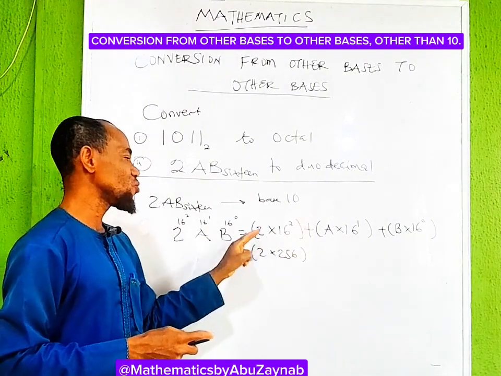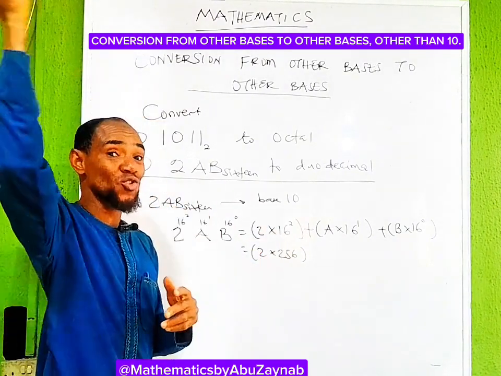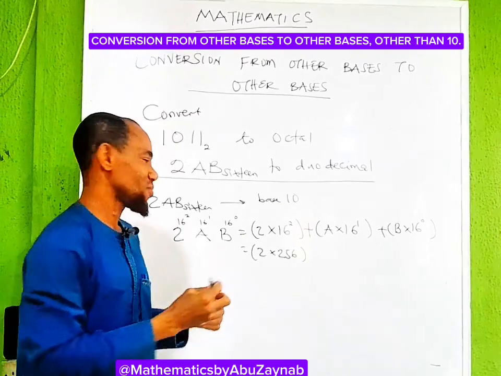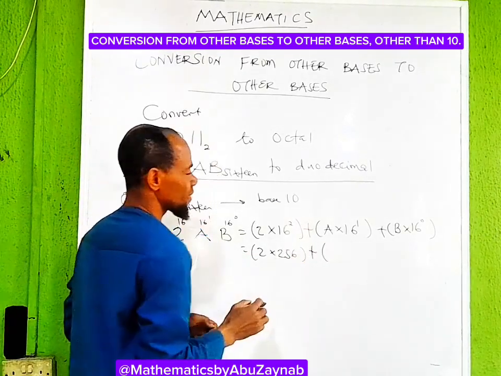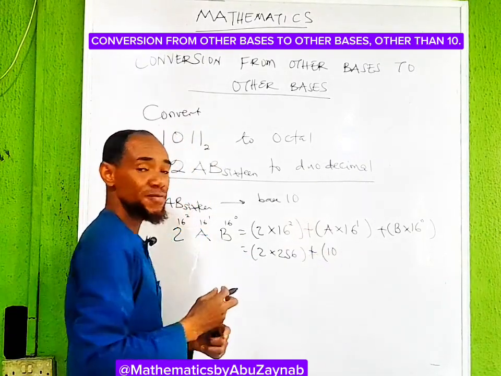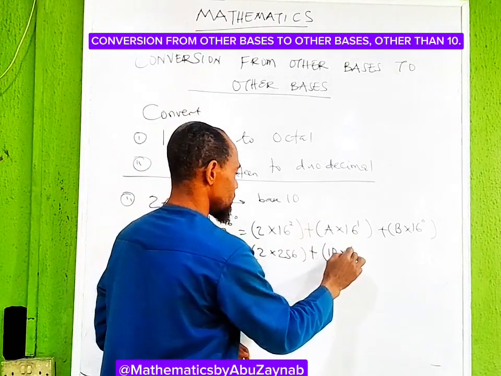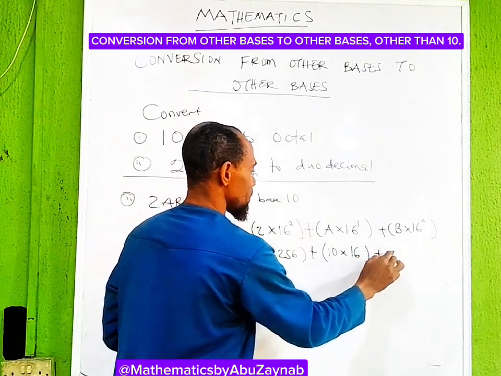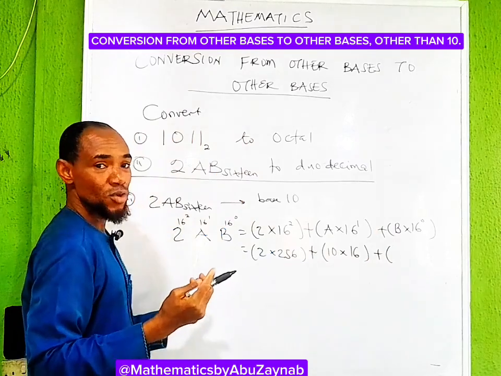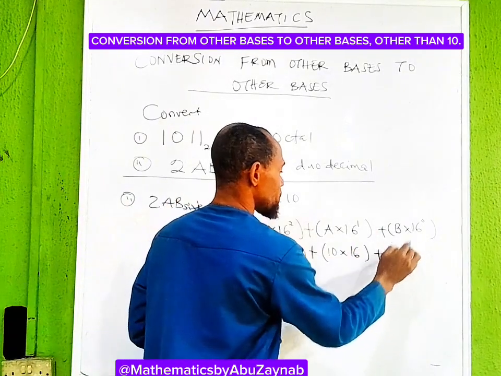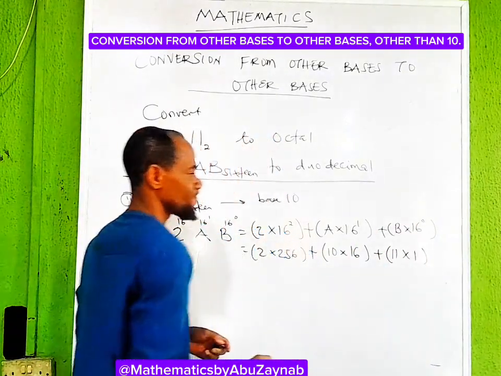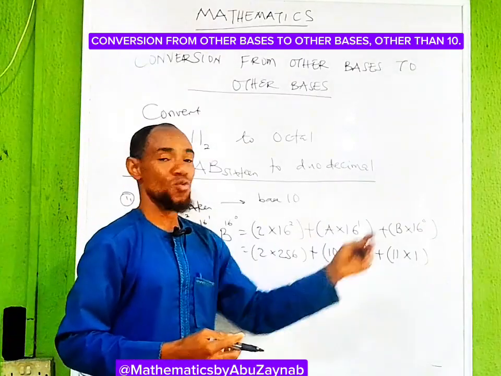So don't mistakenly say 2 times 16, 32, and square that. That would be obviously wrong. Take note of that. And in base 16, A is 10. A has value 10 times 16 raised to power 1, which is still 16. And B has a value 11. 16 to the power 0 is 1. Anything to the power of 0, by the way, is 1.